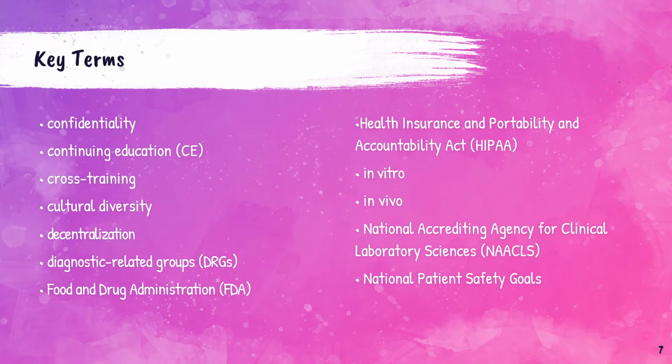More key terms from this presentation are confidentiality, CE, which is also continuing education, cross-training, cultural diversity, decentralization, DRGs, FDA, HIPAA, in vitro, in vivo, NACLs, and the National Patient Safety Goals.